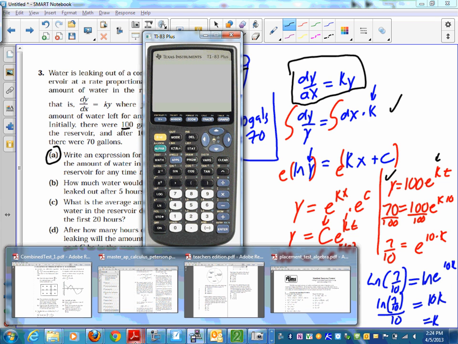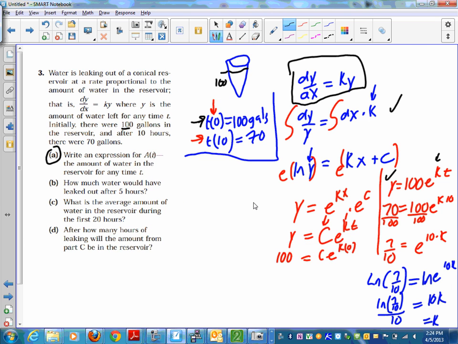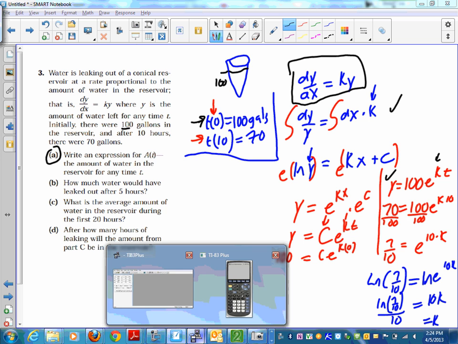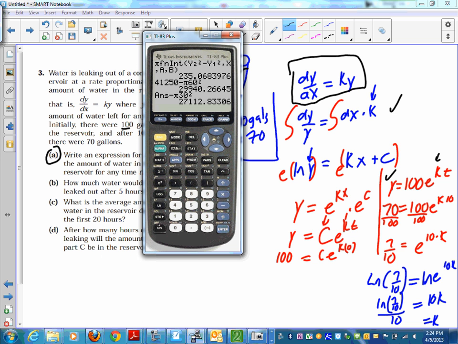And we have the fact that we can put this in the calculator in this part right here, and we have y is equal to 100, and we're going to take e and raise it to the, now remember we just found k.